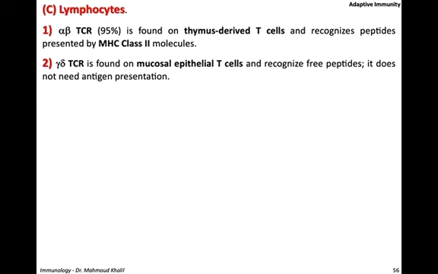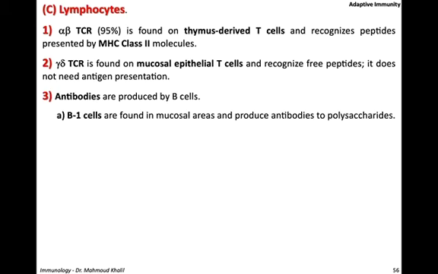If you remember about gamma, and some of you asked about the gamma delta TCR, it is found on the mucosal epithelial T cell, and it can recognize free peptide and doesn't need antigen presentation. As I said before, the T cell which has a gamma delta TCR on its surface provides immunity as well, but with a less specific immunity, because it doesn't need any antigen presentation.